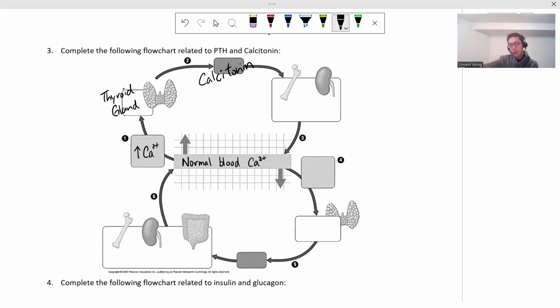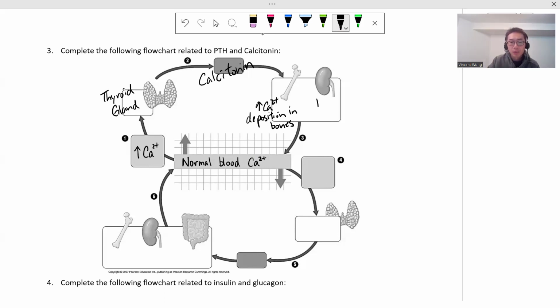And where are we going to put the calcium? Well, the calcitonin is going to increase calcium deposition in bones. You're going to put it in the bones. The matrix of the bone is rich in calcium and phosphate salt.